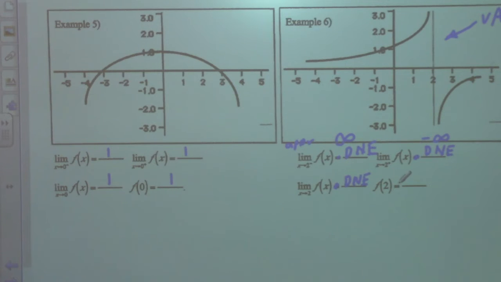What is f of 2? It does not exist. If you graphed this in a calculator, what would you see in table view where x equals 2? An error, or undefined, probably error.